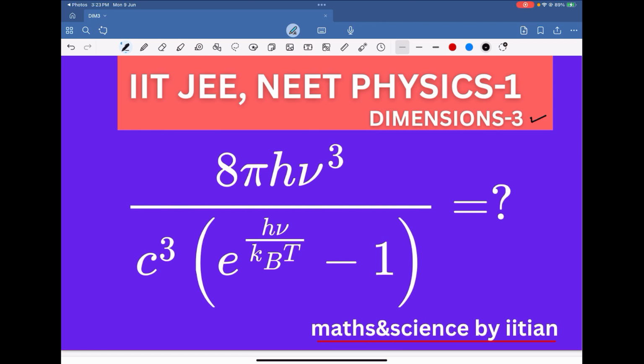And the typical problems I have been giving involve Planck's constant, Boltzmann constant, speed of light, frequency. These things recur in physics and are regularly used in physics experiments and also in physics theory very much.